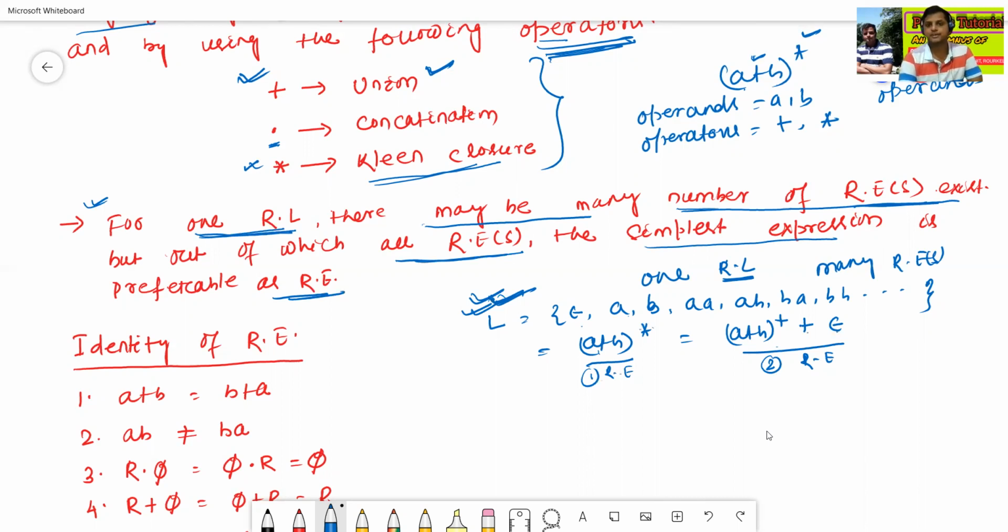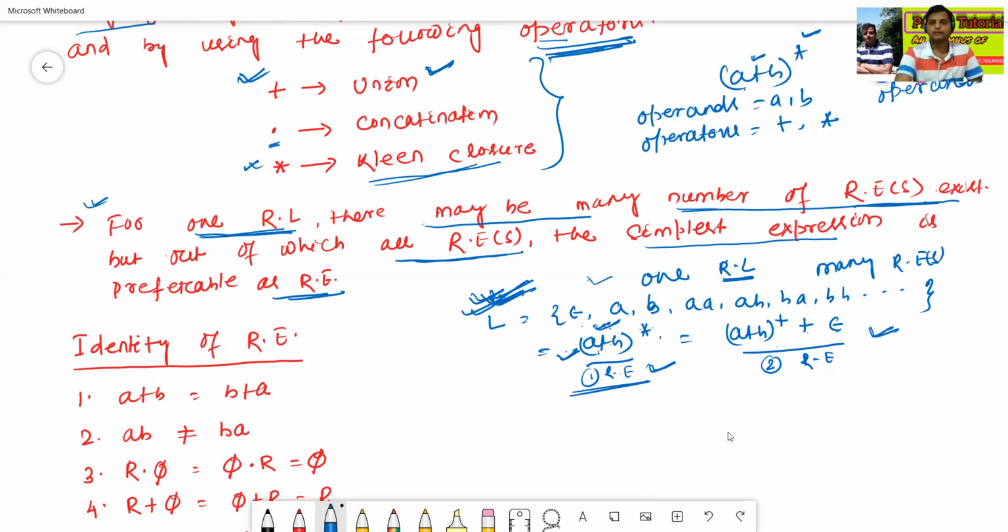Which one is the simplest way? This one is the simplest. This is not the simplest. So we generally prefer (a+b) whole star as the regular expression of the given language. Okay, we generally prefer the first regular expression.